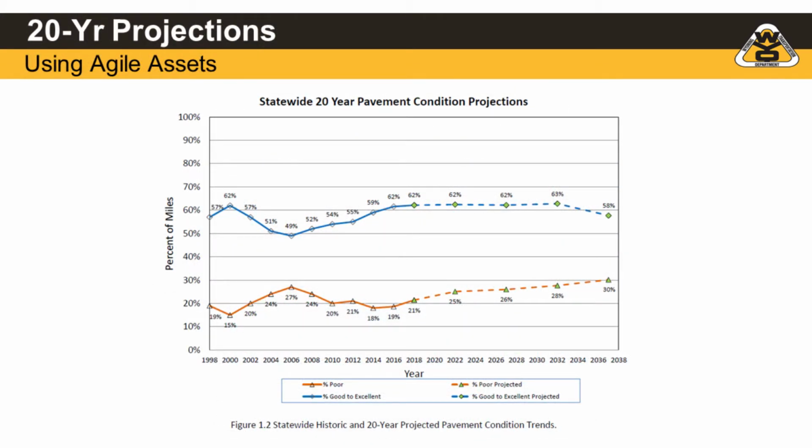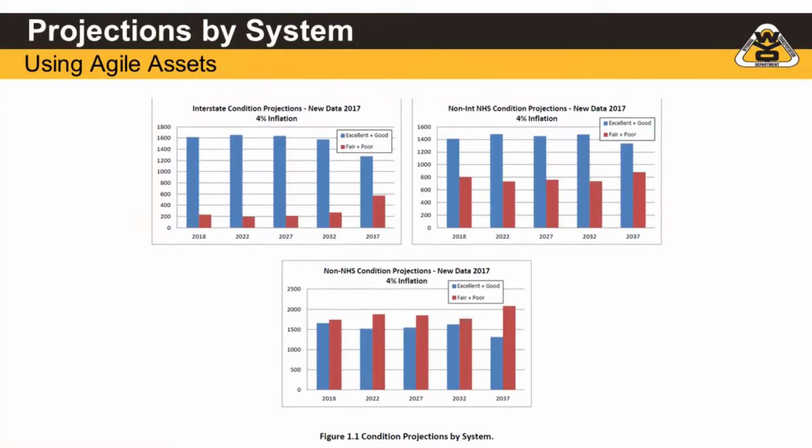So we're able to use the current funding that we have and kind of project out where we're going to be based on those deterioration curves and the decision trees that are being used in the optimization on projected construction projects. Also with Agile Assets, this shows our current projections, the conditions for excellent and good, and then poor and fair for each one of our systems.